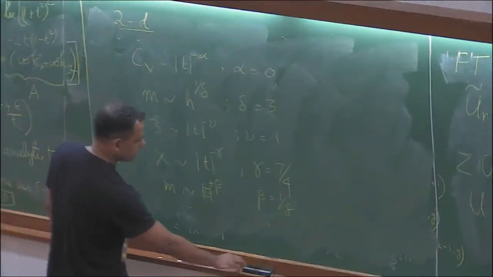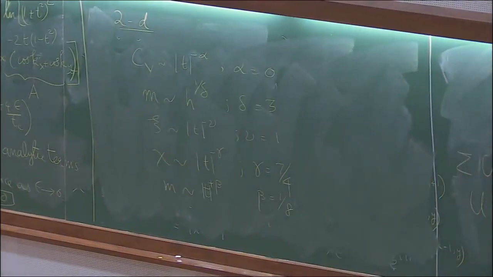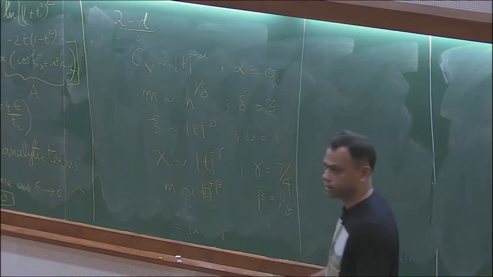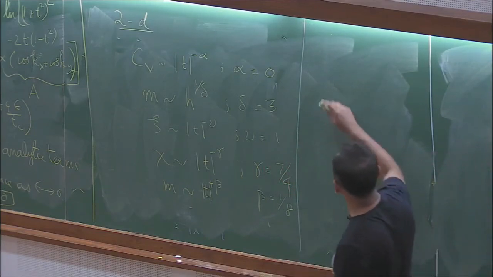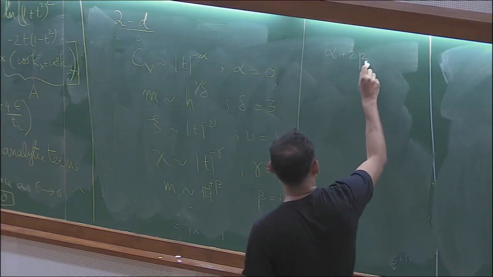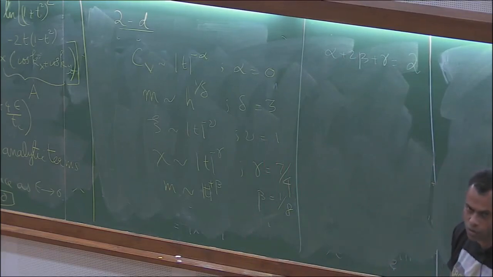And these satisfy many inequalities, so these one can find well. And you can check that the standard inequalities experiments satisfy. The most famous is alpha plus 2 beta plus gamma to be 2. That's the Rushbrooke inequality.